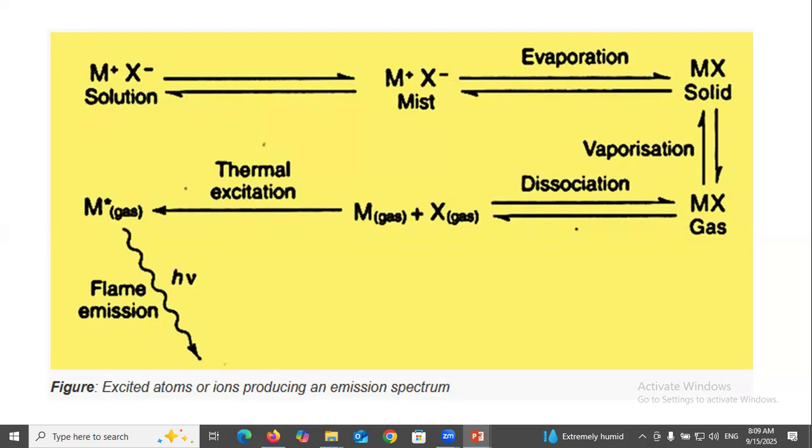Absorption of radiation energy in case of AAS. But all are similar. Solution: nebulization means evaporation, then solid and vaporization, gas, dissociation, and thermal excitation, flame emission.